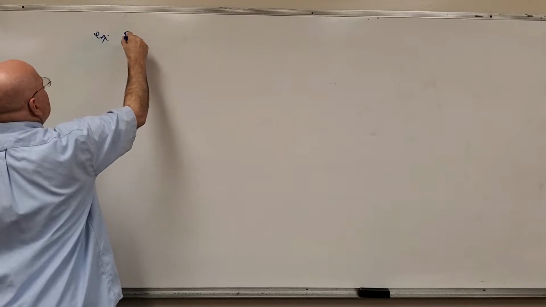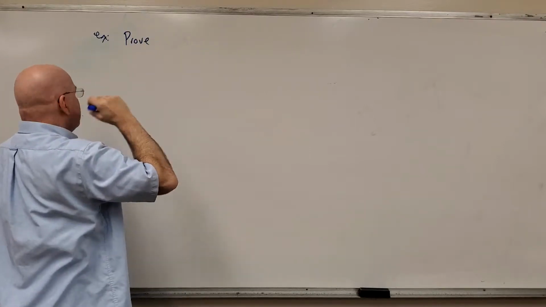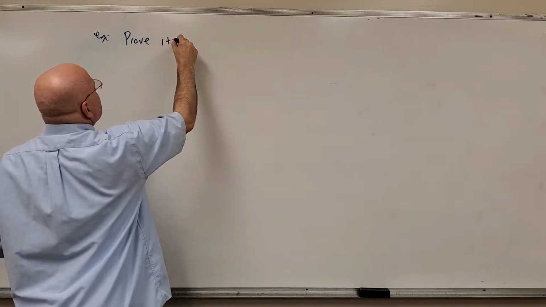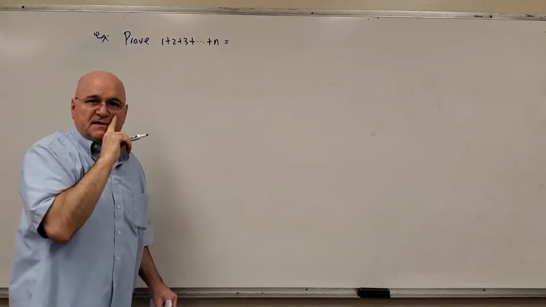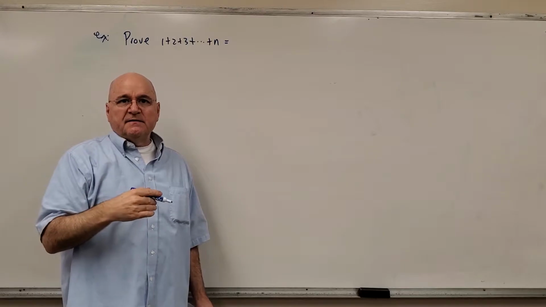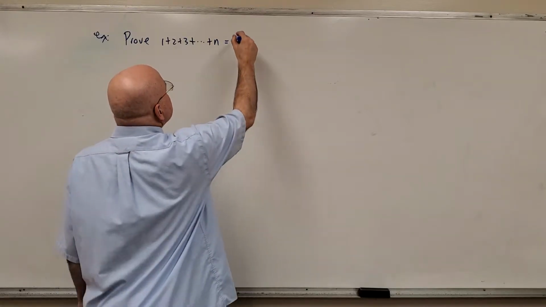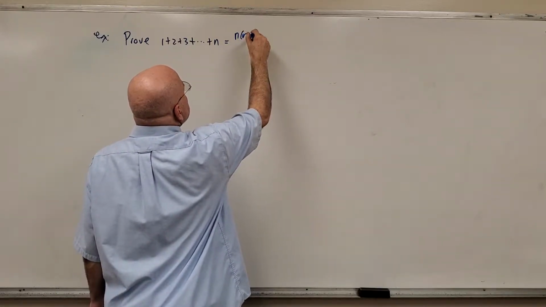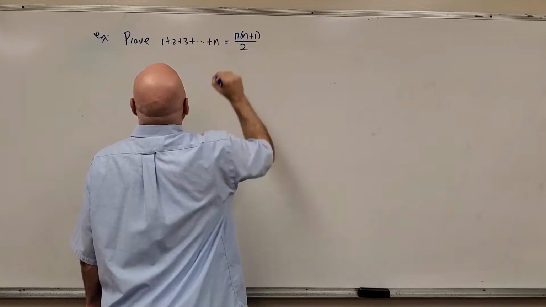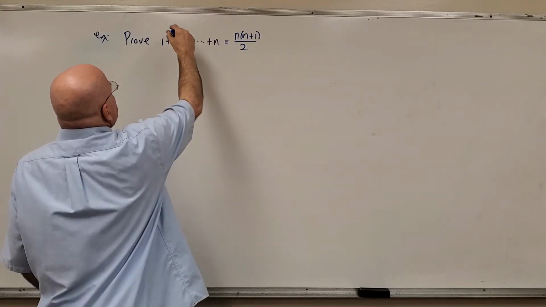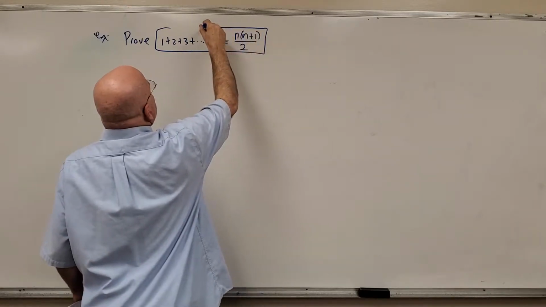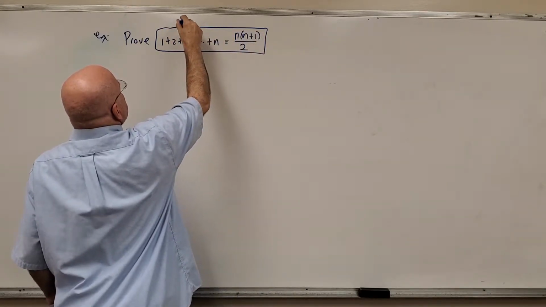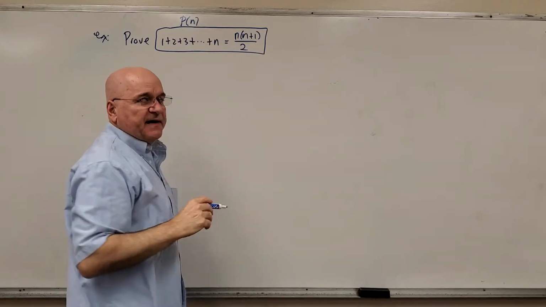Example: let's prove that the sum of the first n integers is n times n plus 1 over 2. So you could say this is our proposition P_n, indexed by n.